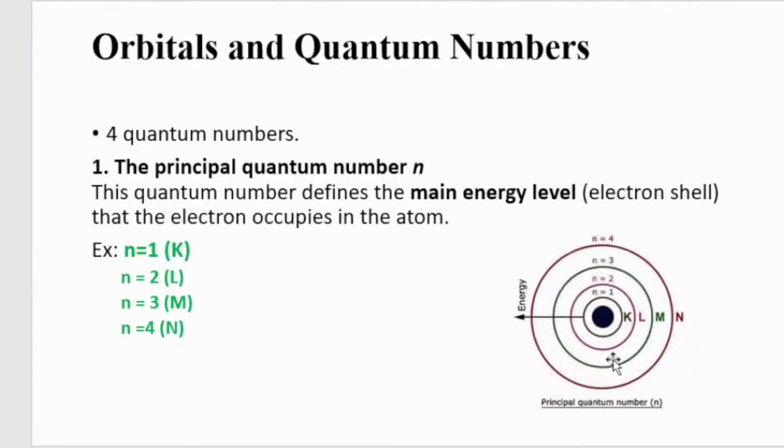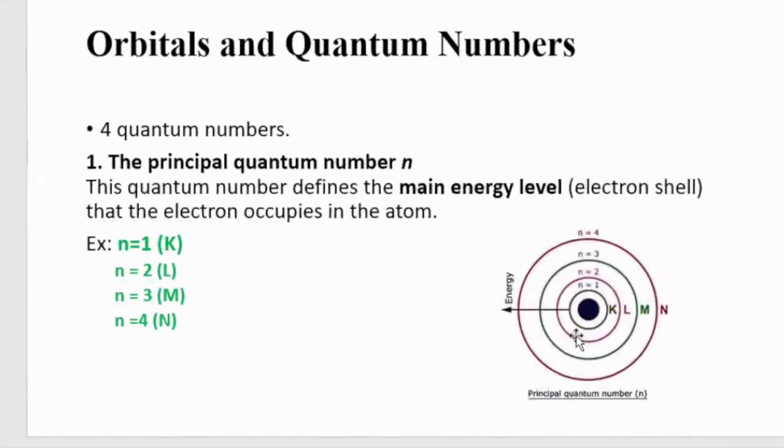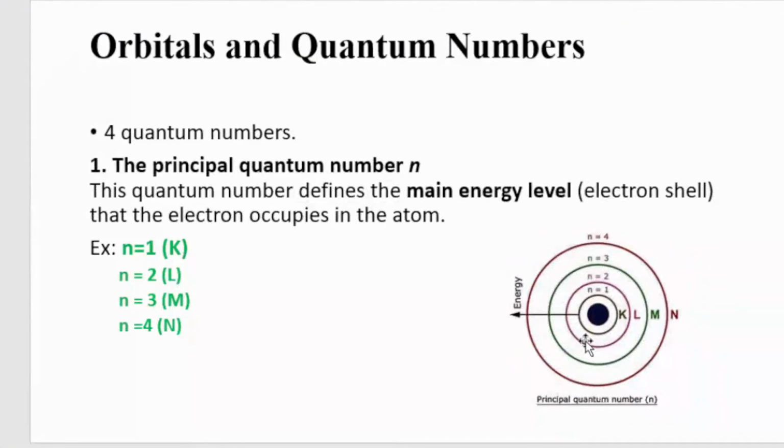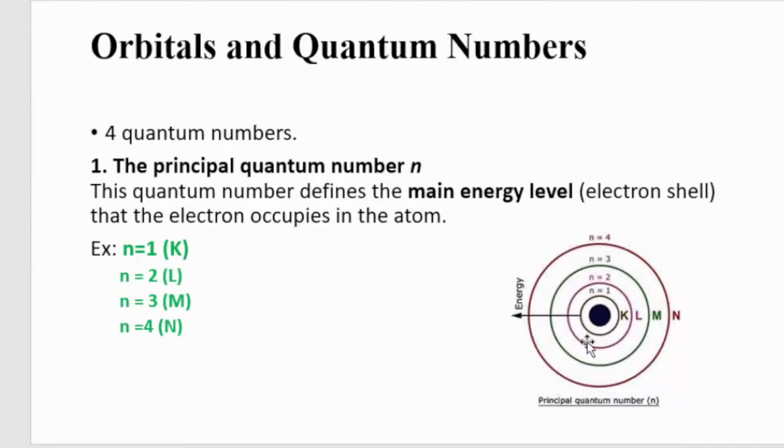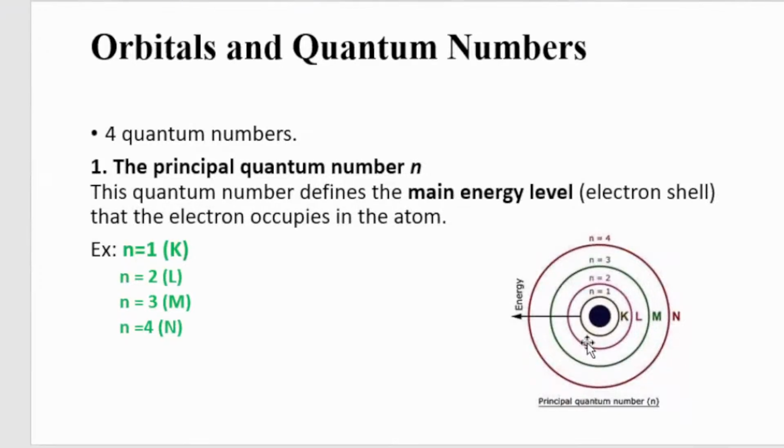In energy level 2, s and p orbitals can be occupied. In energy level 3, s, p, and d orbitals can be occupied. And in 4, s, p, d, and f orbitals can be occupied.